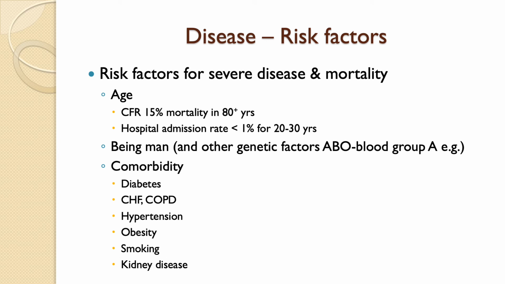Comorbidity also plays a role. Well-known comorbidities like diabetes, congestive heart failure, chronic obstructive pulmonary disease, hypertension, obesity, smoking, and previous chronic kidney disease will increase the risk for death.